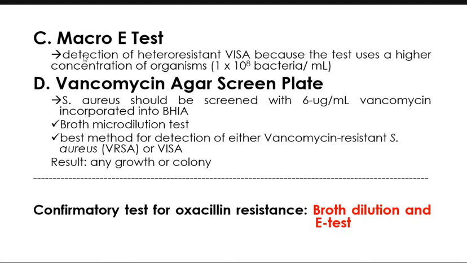The best method for detection of either vancomycin-resistant S. aureus or the vancomycin intermediate Staphylococcus aureus, so that any growth or colony will be seen when we're doing the vancomycin agar screen plate. The confirmatory test for oxacillin resistance, the broth dilution, and the E-test.